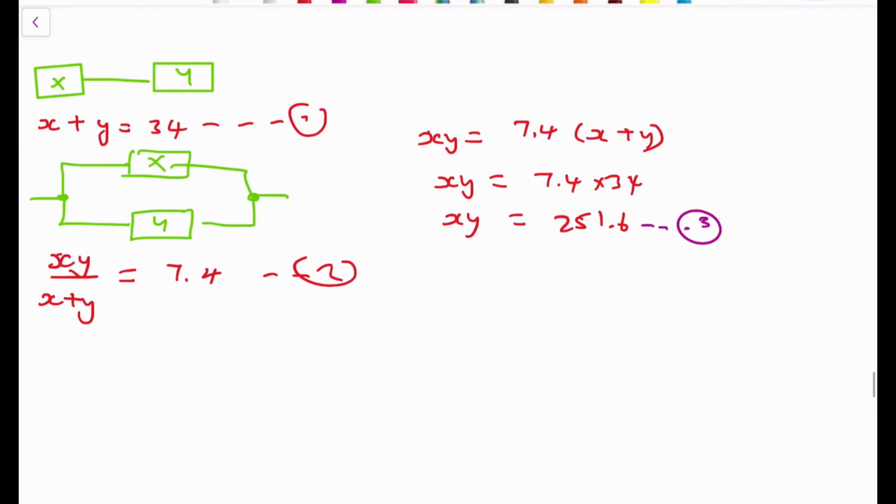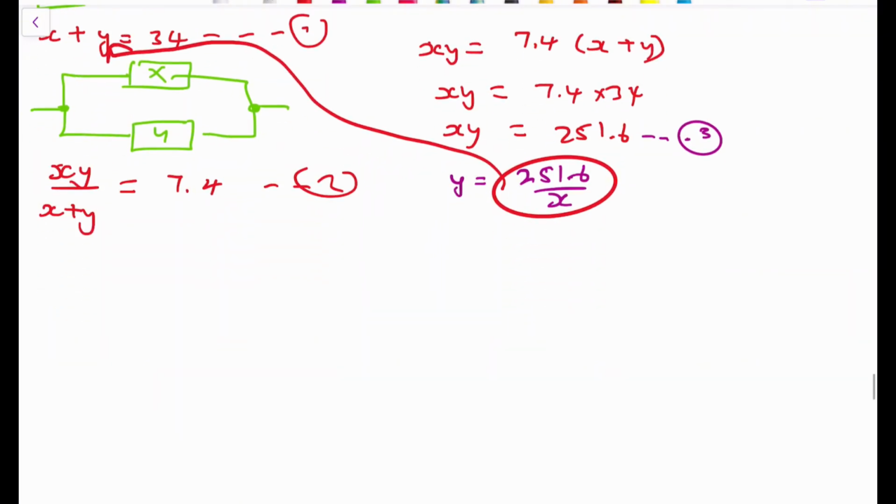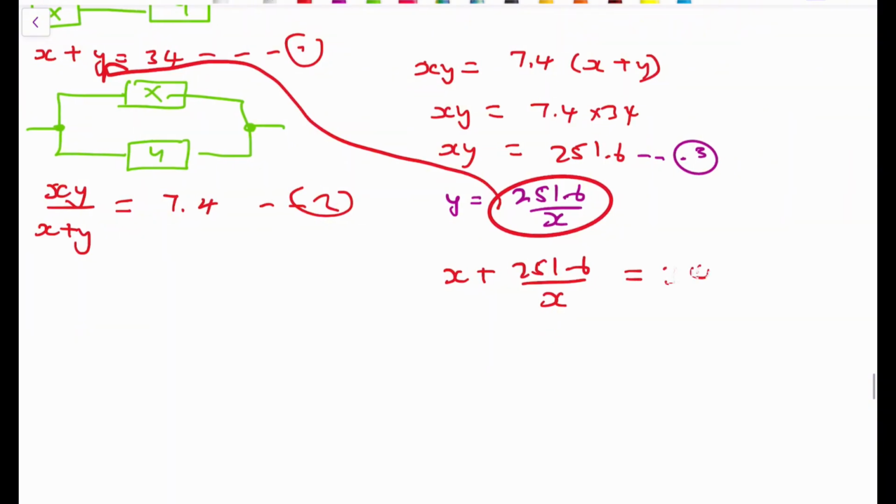So Y is going to be equivalent to 251.6 divided by X. This is going to be the value of Y, but I can substitute this value of Y over here. If I substitute that, X plus 251.6 divided by X is equivalent to 34.